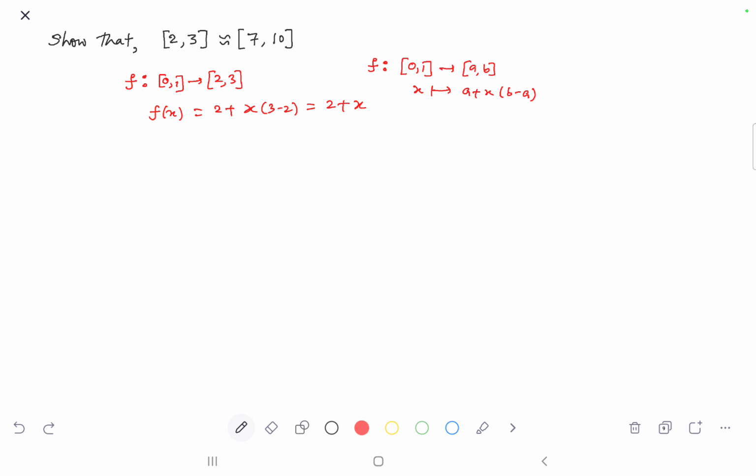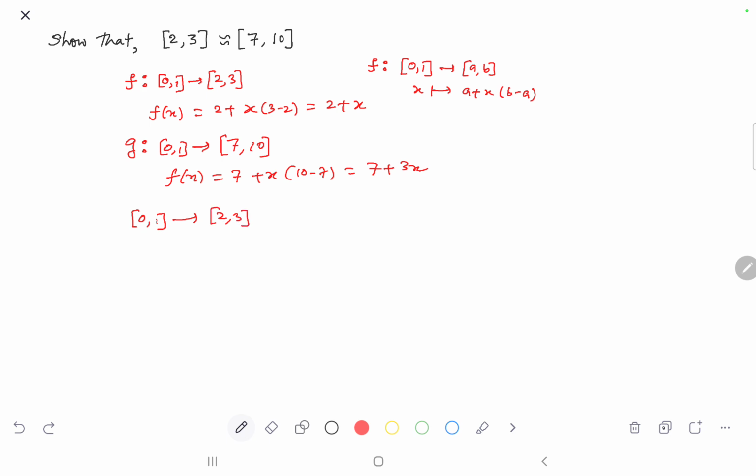Similarly, we can define a map g from (0, 1) to (7, 10), and both maps f and g are bijective. We take 7 plus x times (10 minus 7), which is nothing but 7 plus 3x. So we have a bijective map from (0, 1) to (2, 3). Is it f of x or g of x?